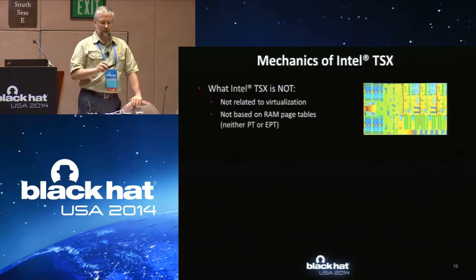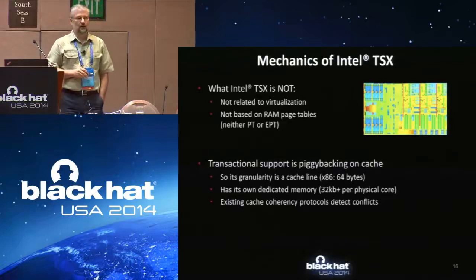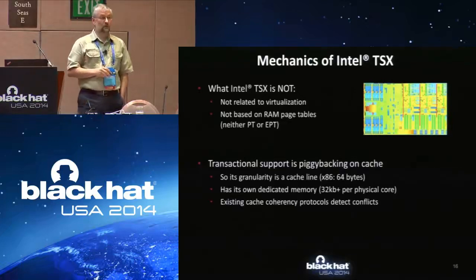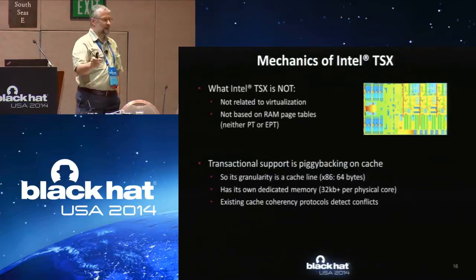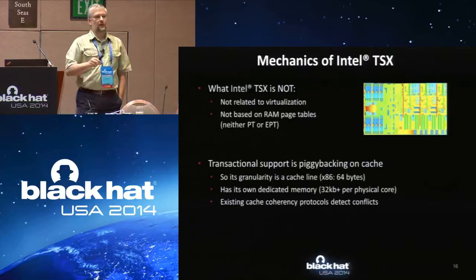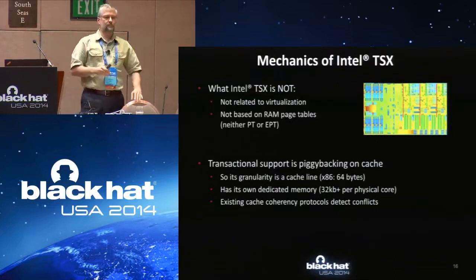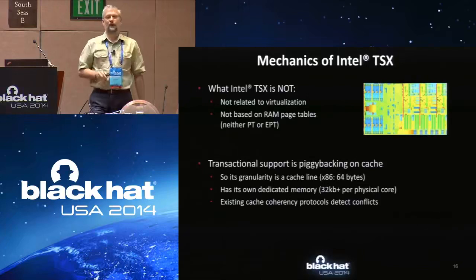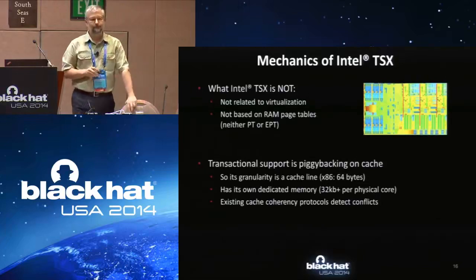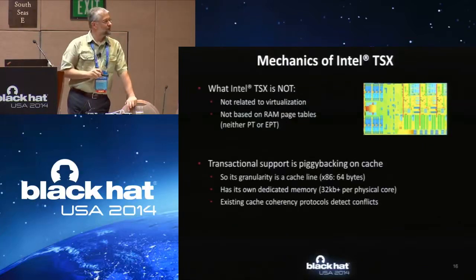And it actually piggybacks on how the CPU processes accesses to memory through cache. So the granularity of these accesses is the cache line, 64 bytes. Transactional memory can detect conflicts within cache lines, but it cannot detect with better granularity. So inside 64 bytes, what exactly was the conflict place is not visible to the programmer.